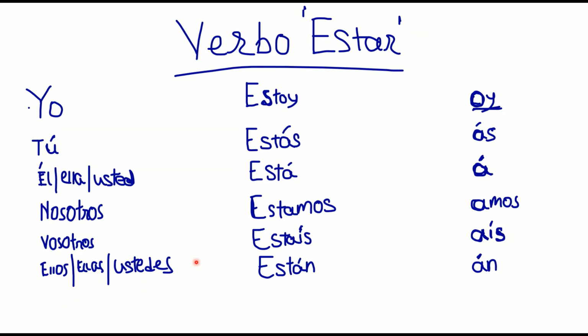We are not going ahead and learning the verb ser today. We are just restricting ourselves to estar only, and we'll see the usage of the verb estar, which are the conditions it should follow to use this particular verb. Okay, so let's go ahead and see where we should use the verb estar.